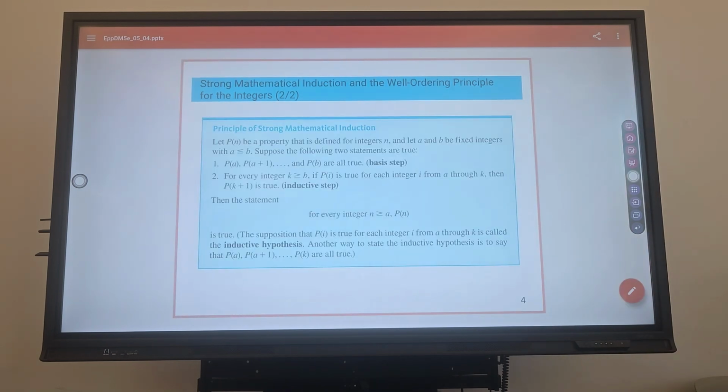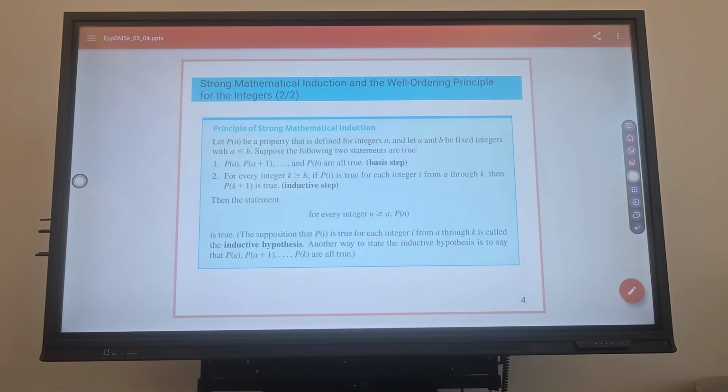So, the principle of strong mathematical induction: let P of n be a property that is defined for integers n, and let a and b be fixed integers, with a being less than or equal to b. Suppose the following two statements are true. P of a, P of a plus 1, etc., P of b are all true. That's the basis step. You got to prove that.